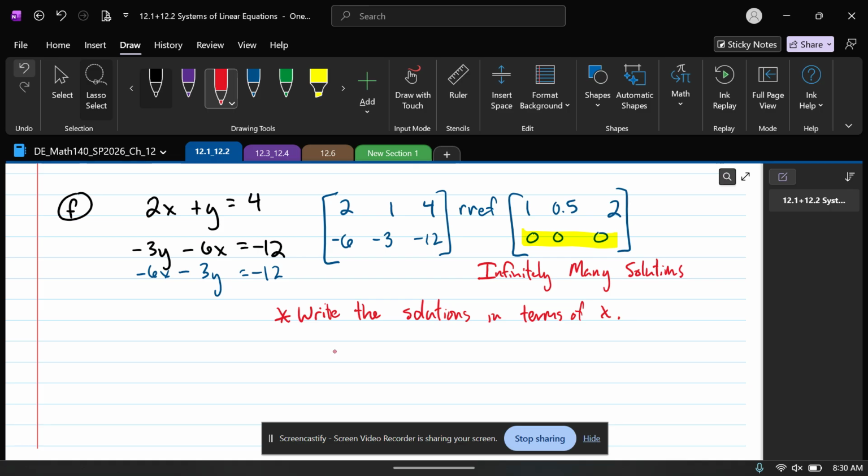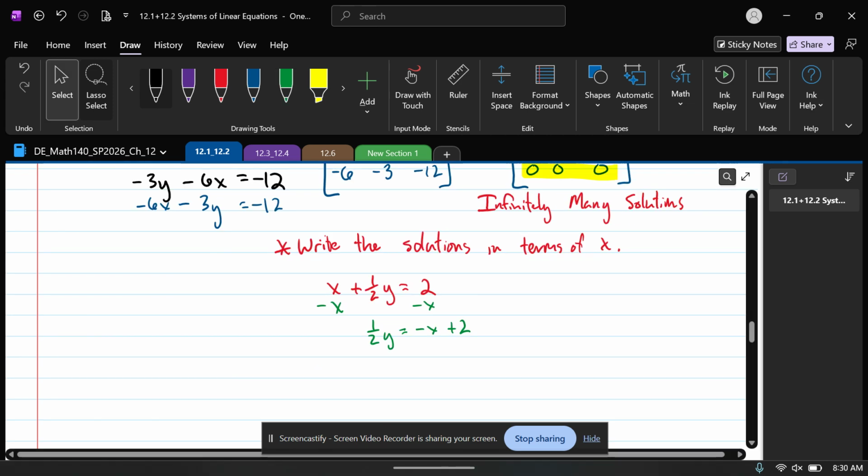So that top row is X plus 1/2 Y equals 2. Now, if I'm going to write that in terms of X, that means X is the variable that's going to be in there. So I want to solve this for Y. So I'm going to subtract X. And then I'm going to multiply by 2 to get rid of that 1/2.